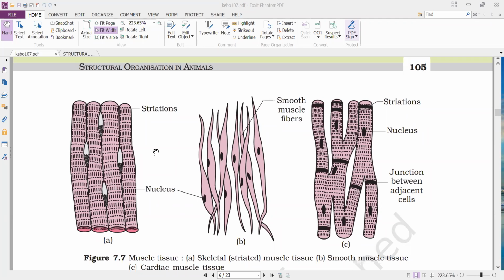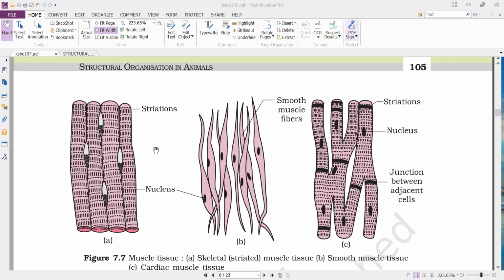It is also called voluntary muscle, because you are able to undergo contraction and relaxation of this muscle voluntarily. When you give any instruction to that muscle, only then is it able to contract and relax depending upon your requirement.